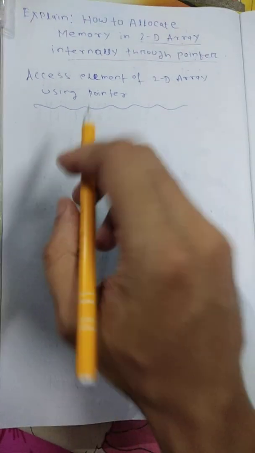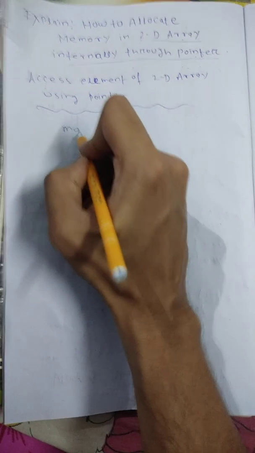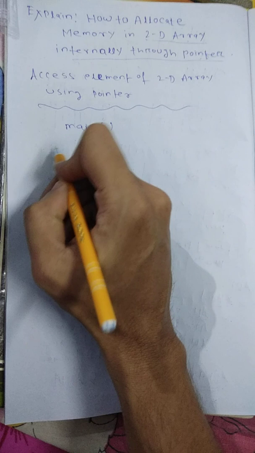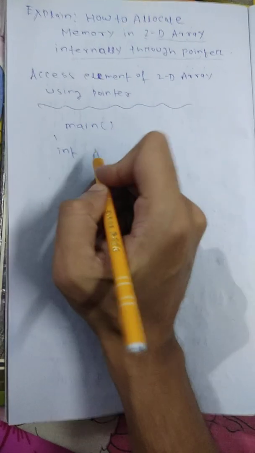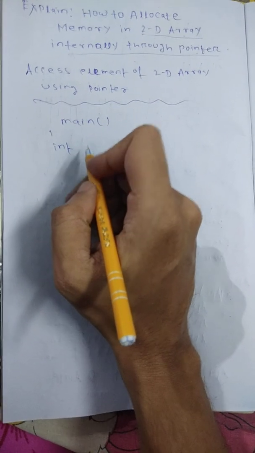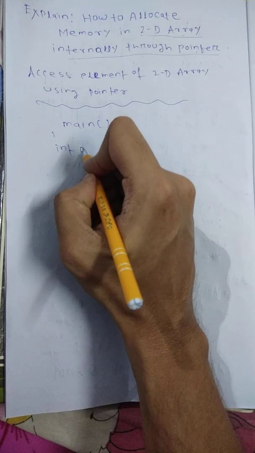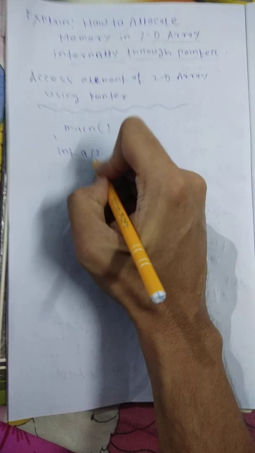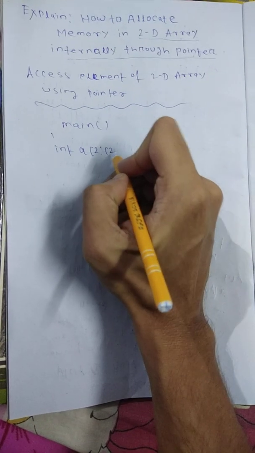Suppose here I am defining a main function, and in the main function I am defining a 2D integer array, a[2][2]. That is your 2 cross 2.